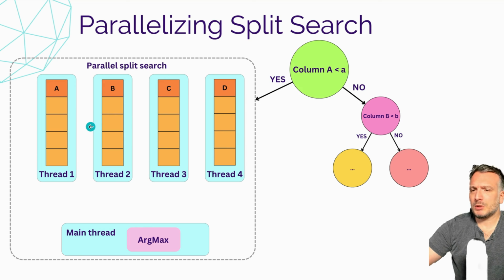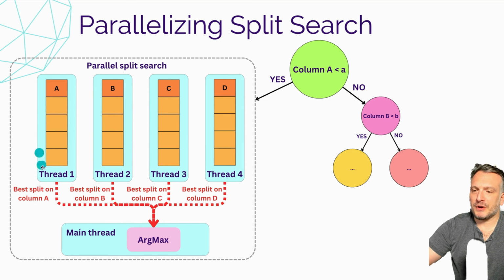So what we could do is to assess the different columns in parallel. We could try to find the split for each of the different columns in parallel. We don't need to iterate to do that. And we can take the best split on each of the related columns and find the overall best split over all the columns.